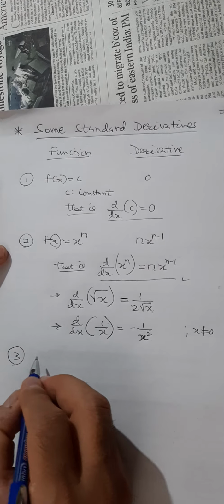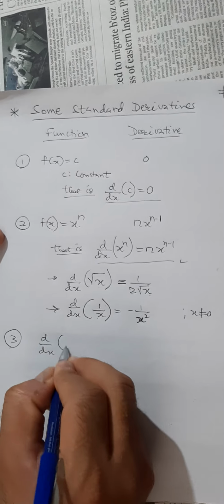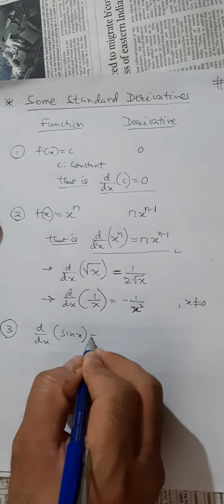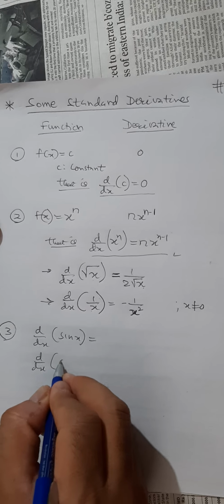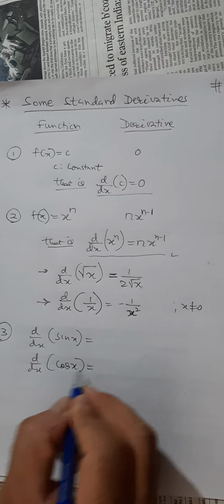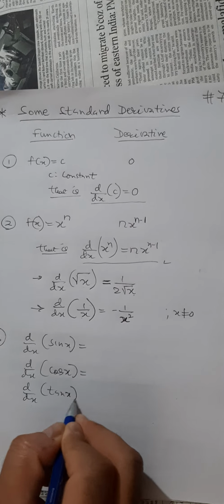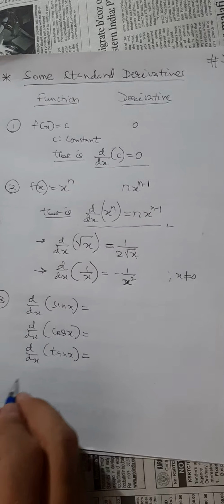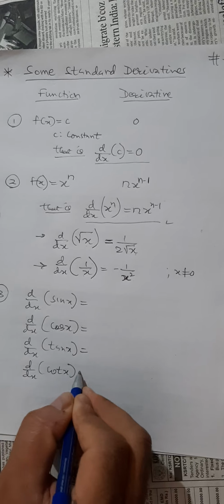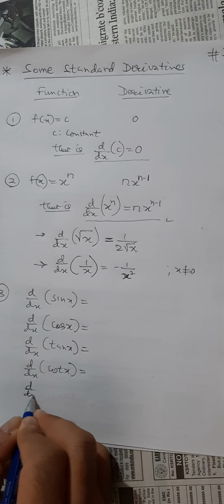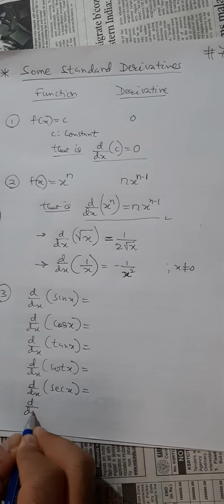Third one, I'll list trigo functions. So d by dx of sine x, d by dx of cos x, derivative of tan, derivative of cot, derivative of sec x, and derivative of cosec x.